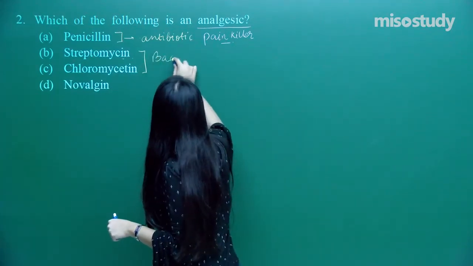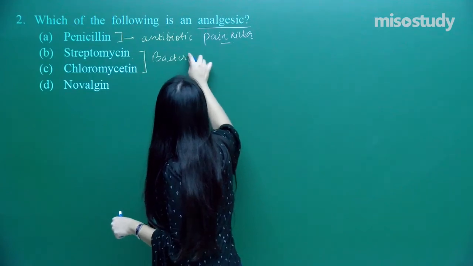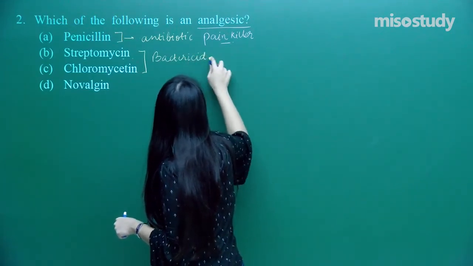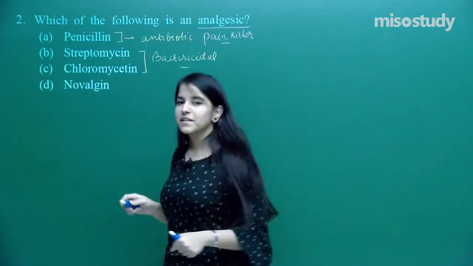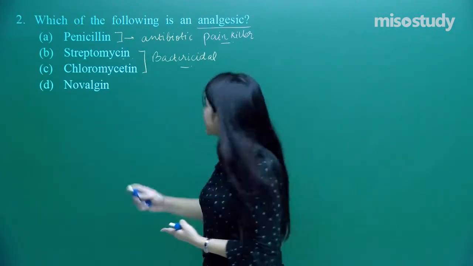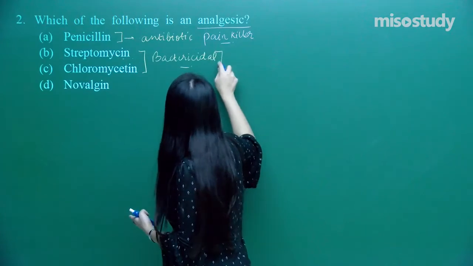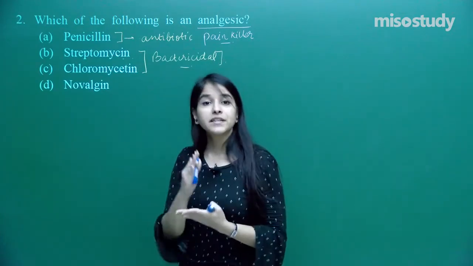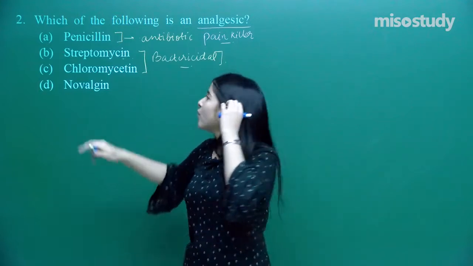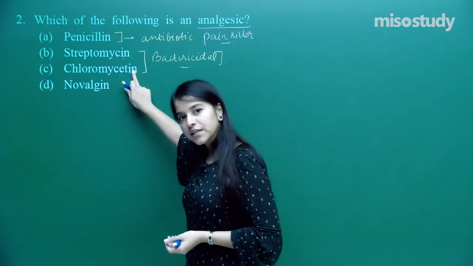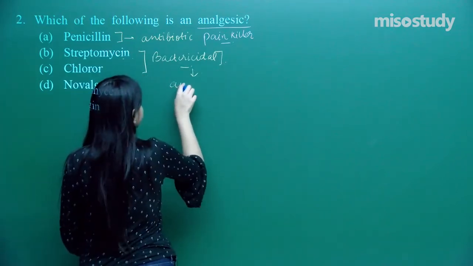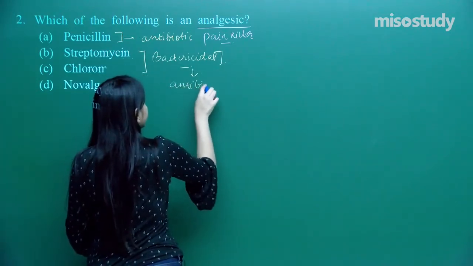Basically they are bactericidal. What are bactericidal? Killing the growth of the bacteria. The killing of bacteria, not stopping the growth, but cidal means killing of the bacteria. So I hope you all are getting the point over here. So these two medicines are antibiotics again.